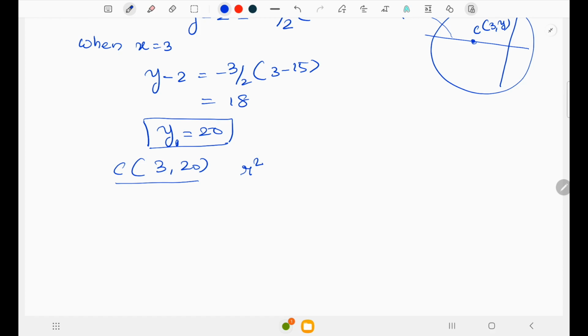We can use G as a point on the circumference, then H. So we can use any point on the circumference. For example, I use G. From the G, r square equals x minus x1 the whole square plus y minus y1 the whole square, we need to find.